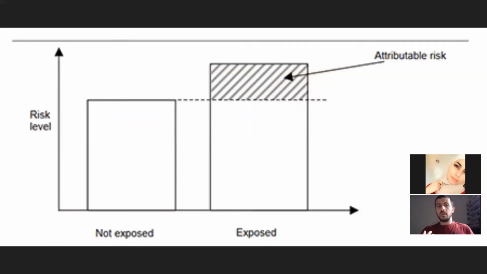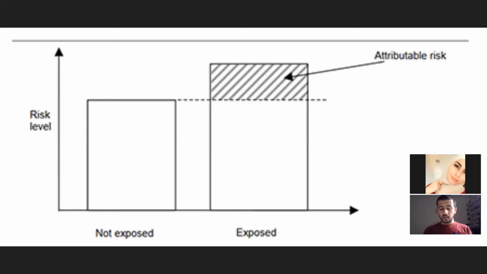If I tell you the relative risk is 0.5, you understand that the probability of getting the disease while being on that group is half, while the probability of being on the other group might be 1. So if I stop smoking, I will be like 50% less likely to get a cancer.